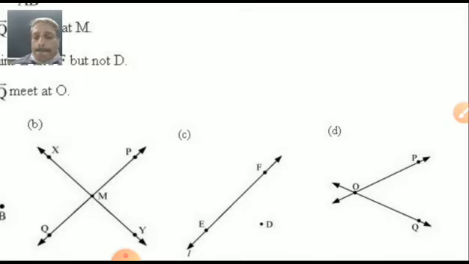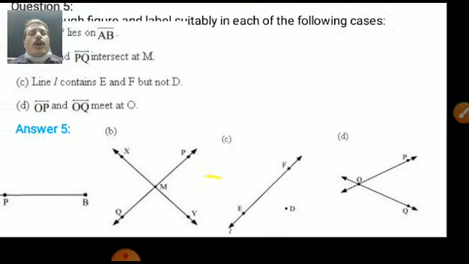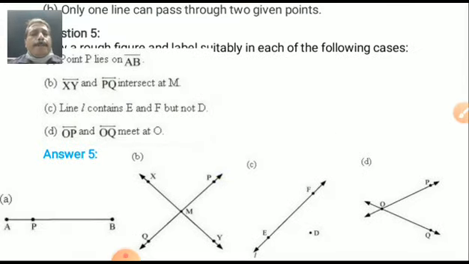Okay. Here we conclude our question number 5. I hope you got a clear idea how to solve these types of questions in any exam. Once again, I remind you of line segment, ray and line.